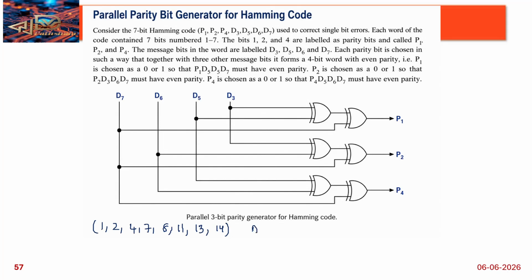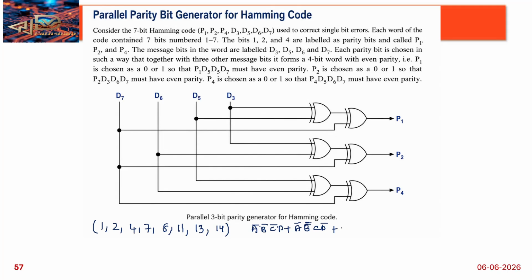So A B C D I am taking, right? What are the conditions? A B C D means A bar B bar C bar D bar, that is one value. Another value is A bar B bar C D bar.